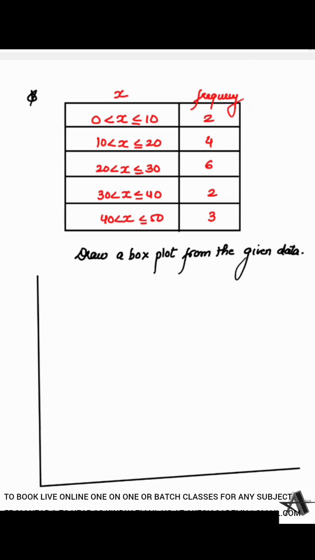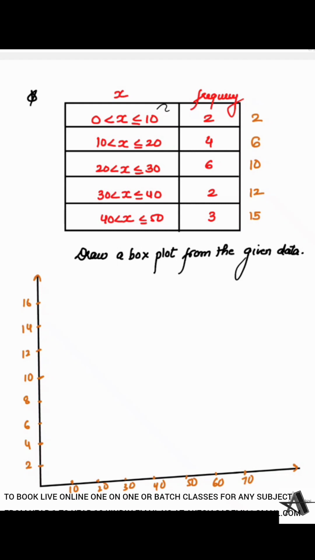The cumulative frequency is required, which is 2, 6, 10, 12, 13, 15. So I'm writing it here in a gap of 2: 2, 4, 6, 8, 10, 12, 14, 16, and then 10, 20, 30, 40, 50, 60, 70, and so on.